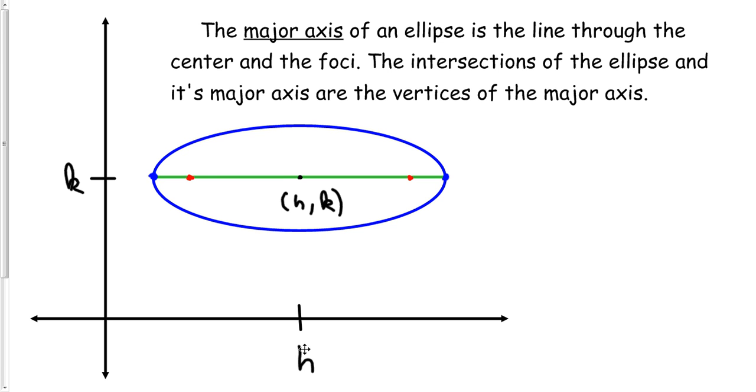So the x value of the center is h, the y value of the center is k, and it also goes through the foci. So from the center it goes out to the foci, and the intersections of this major axis with the ellipse, these points out here where the major axis actually touches the ellipse, are called the vertices of the major axis.